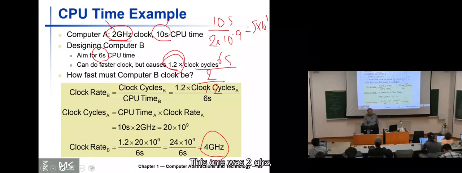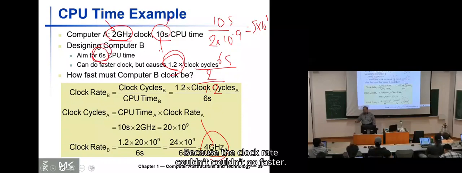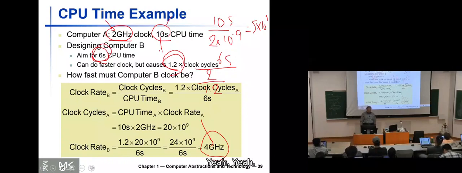This one was 2 gigahertz. This is 4 gigahertz. We doubled the frequency of the clock, but we reached a point of only 40% improvement. 10 seconds became 6 seconds. Why? Because the clock rate couldn't go fast. The clock rate couldn't be as much as possible that we wanted. Yeah.